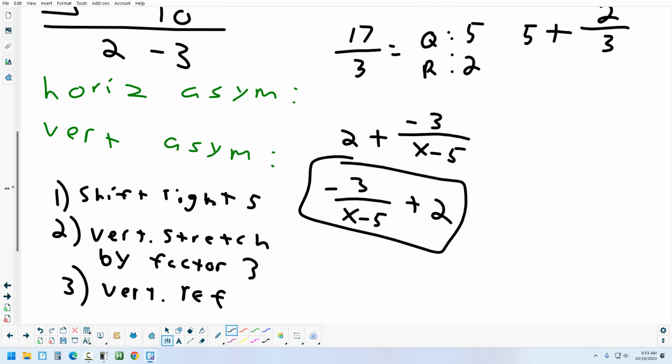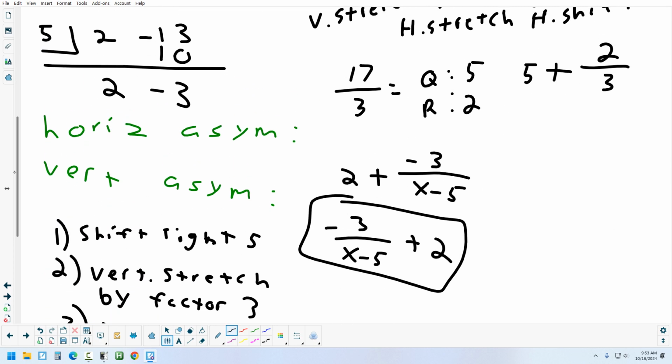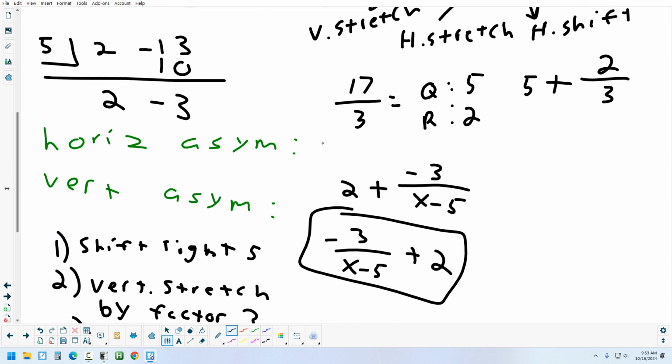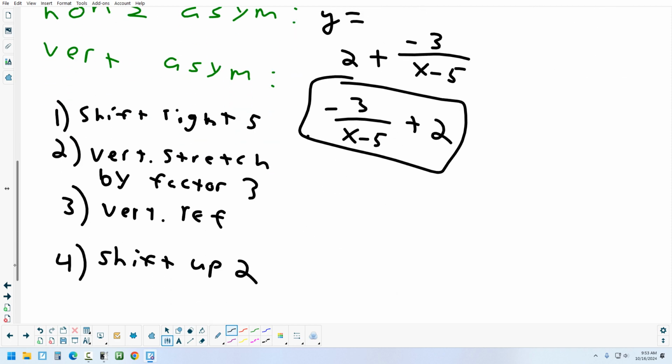Okay, and I didn't actually answer the horizontal. What's my horizontal asymptote here? I would just look at what's in the box here. Think of where the horizontal asymptote is normally, and think about which way it shifted.